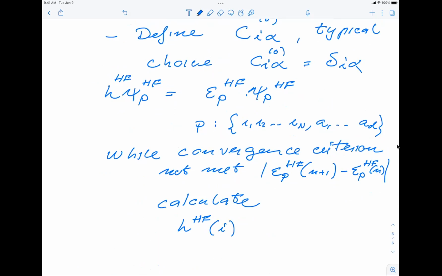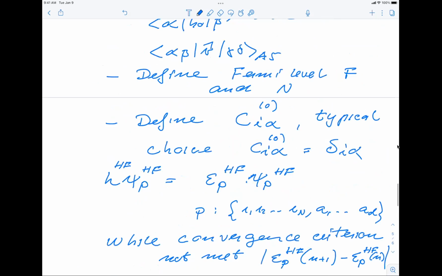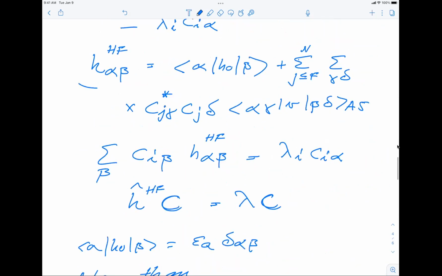And you see that if you put these matrix elements to diagonal ones, what you would have here would simply be a sum over gamma and delta in this specific case, because then you would just have diagonal matrix elements.